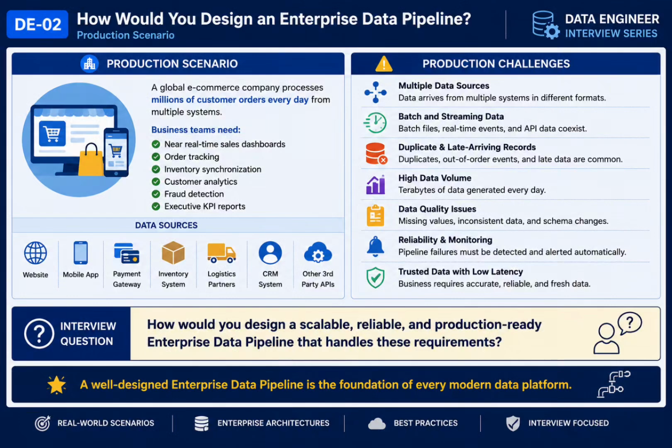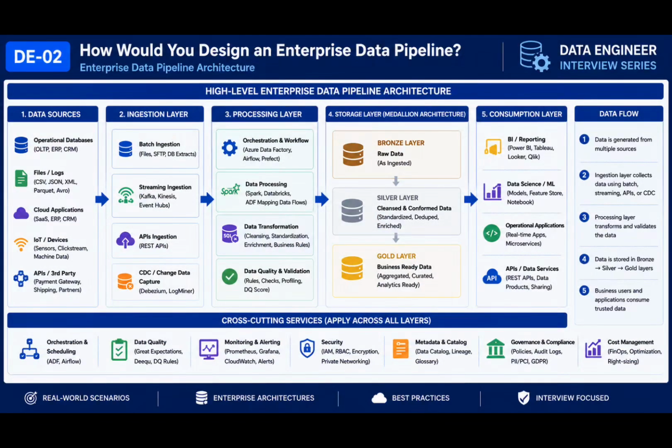Then let's look at the architecture. Everything begins with multiple data sources such as operational databases, files, cloud applications and third-party APIs, right? The ingestion layer collects data using batch processing, streaming platforms, REST APIs, and change data capture.